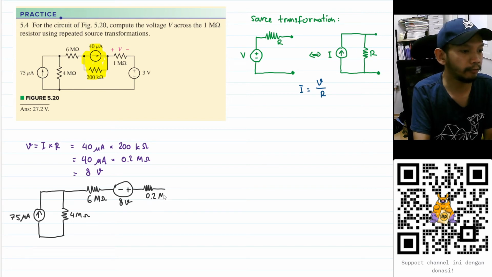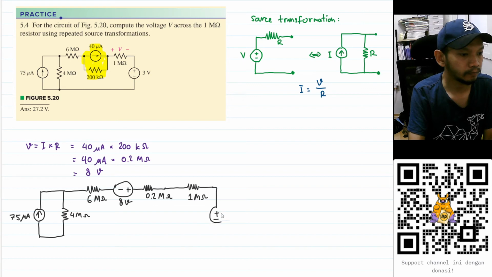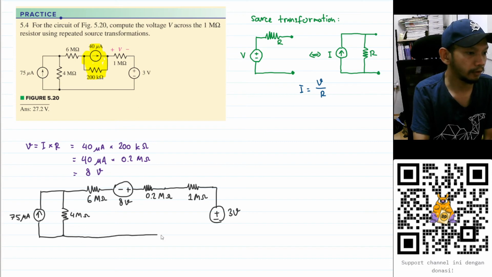So 0.2 mega ohm, and then that one will be 1 mega ohm. And the last one will be 3 volt here. Yeah, that's good.